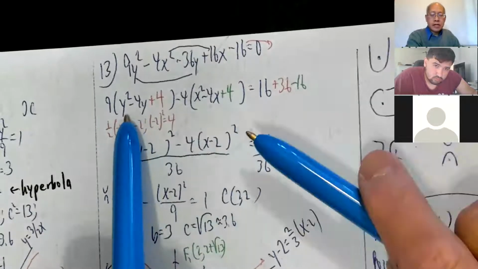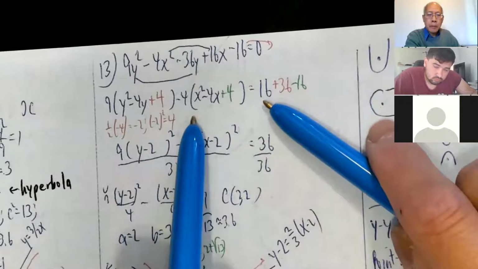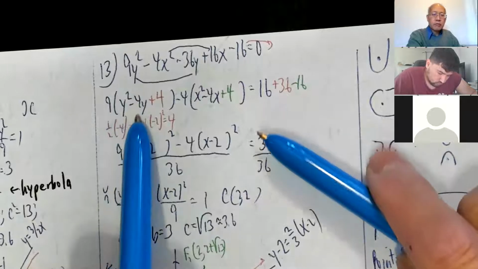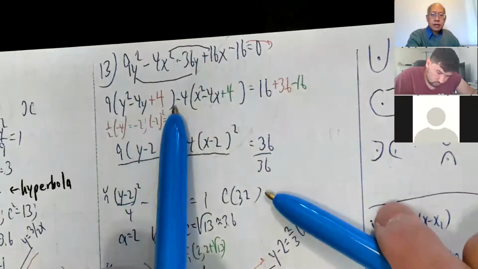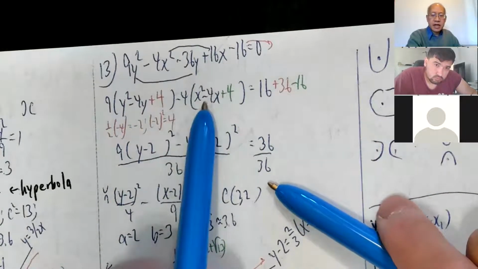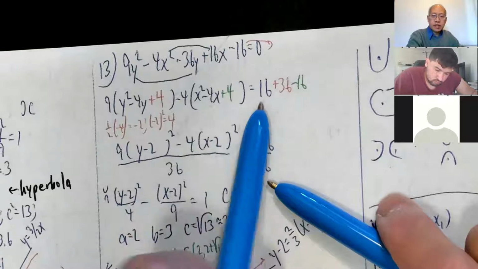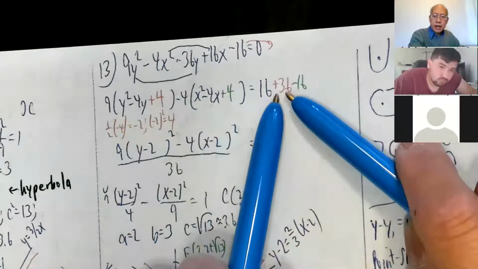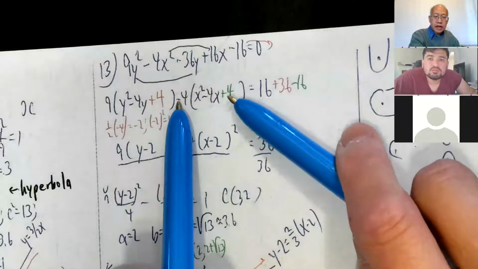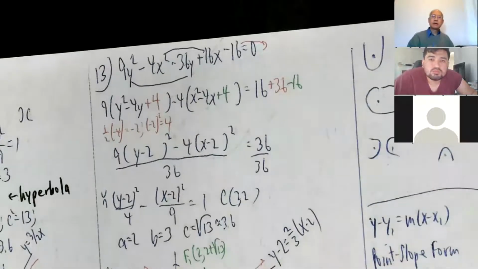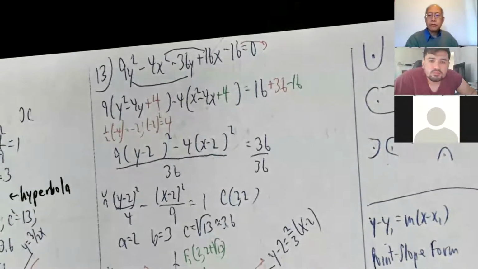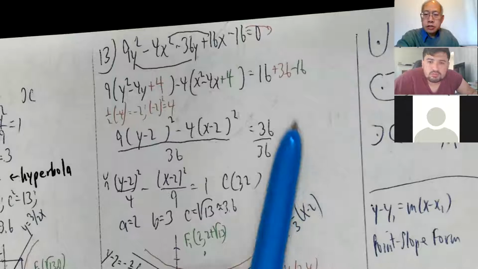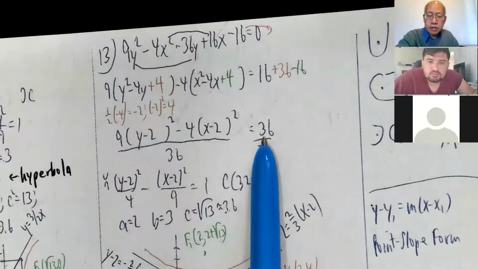Okay, so it looks like by taking inventory, we got everything. There's 9y squared minus 36y. There's minus 4x squared plus 16x. I moved the 16 over, that seems fair. I added 36, add 36. Subtract 16, subtract 16. Okay. So now that makes the right-hand side 36.